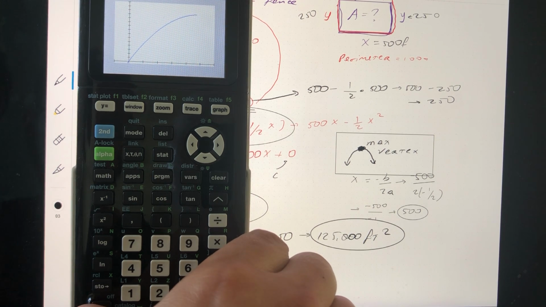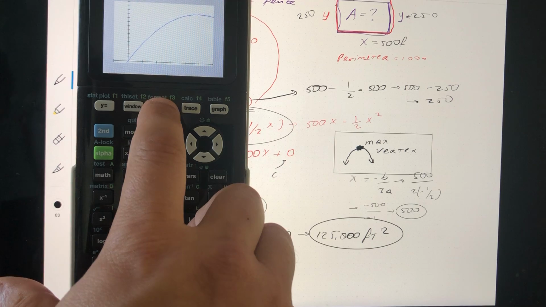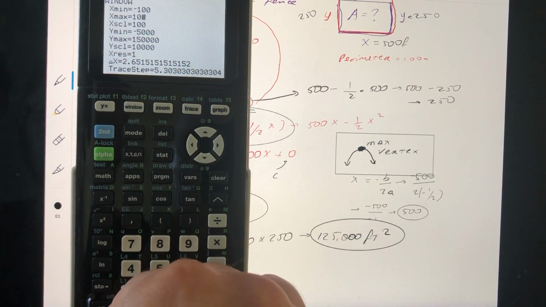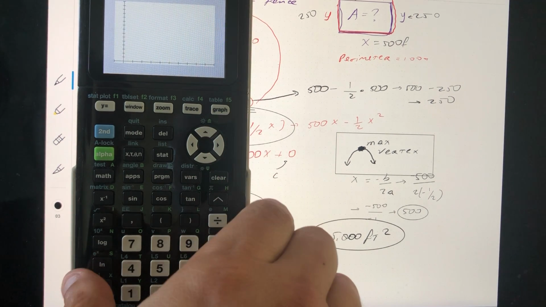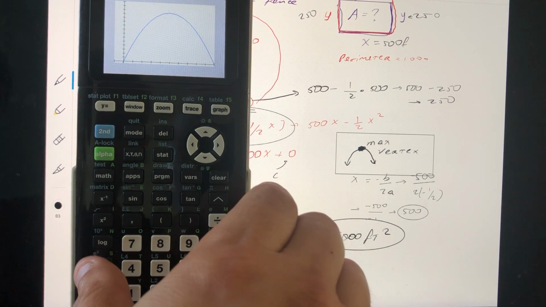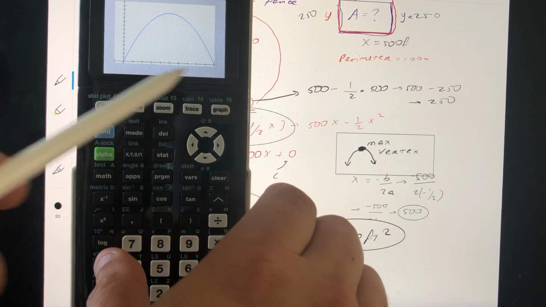That looks more like a parabola. We could use a little bit more on the axis, so let's go back to window and let's add 1,000 to make it a little bit more like a U shape. So here is our maximum area curve, and this tells you the y is the area and this is the x.